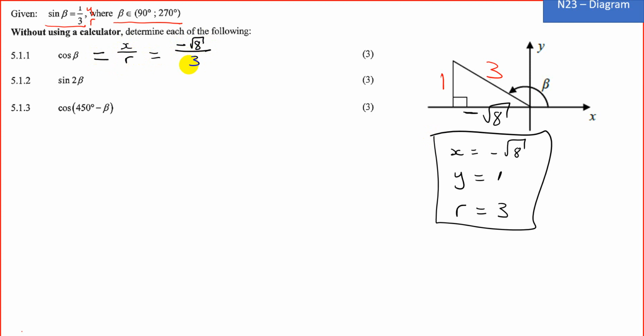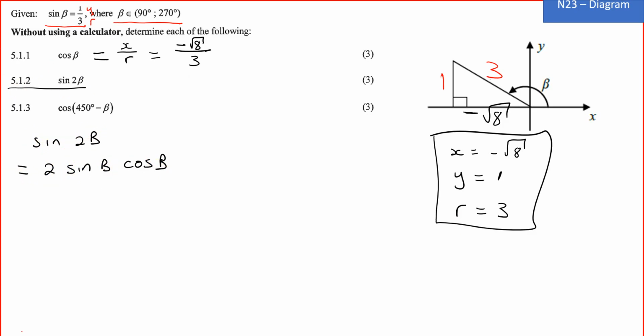We're now going to go into the second question, which wants us to find sin 2 beta. For sin 2 beta, we're going to use the double angle formula, which changes that to 2 sin beta cos beta.